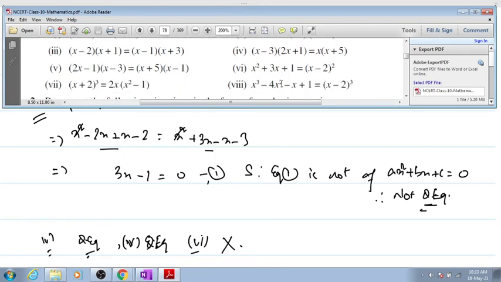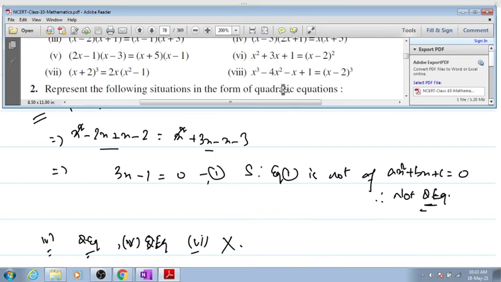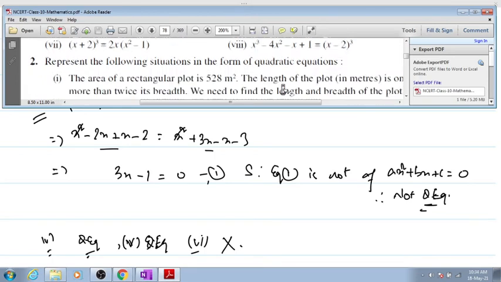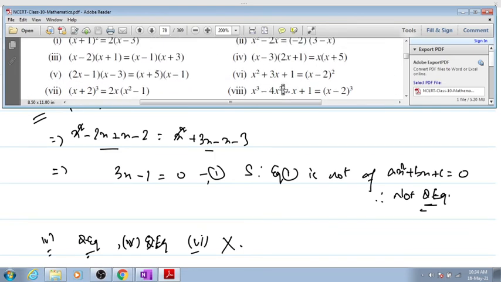Go on to do the 7th one. That is also not quadratic. I'll just complete this thing now only. The 7th and the 8th one.